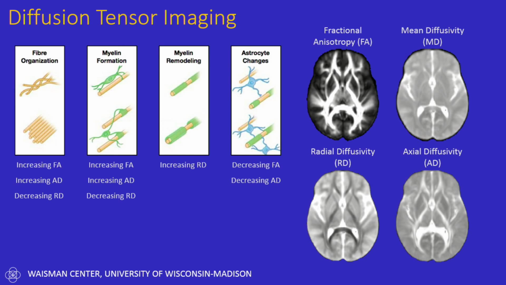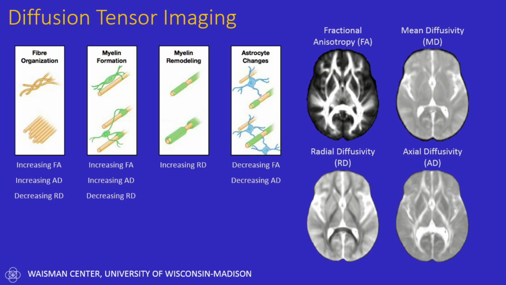And so while I've described diffusion tensor imaging as a really nice imaging technique that provides detailed information, one limitation of this technique is that although it's really sensitive to that microstructure, it's very non-specific, meaning that there are different processes in the brain that could cause similar changes in these measures.